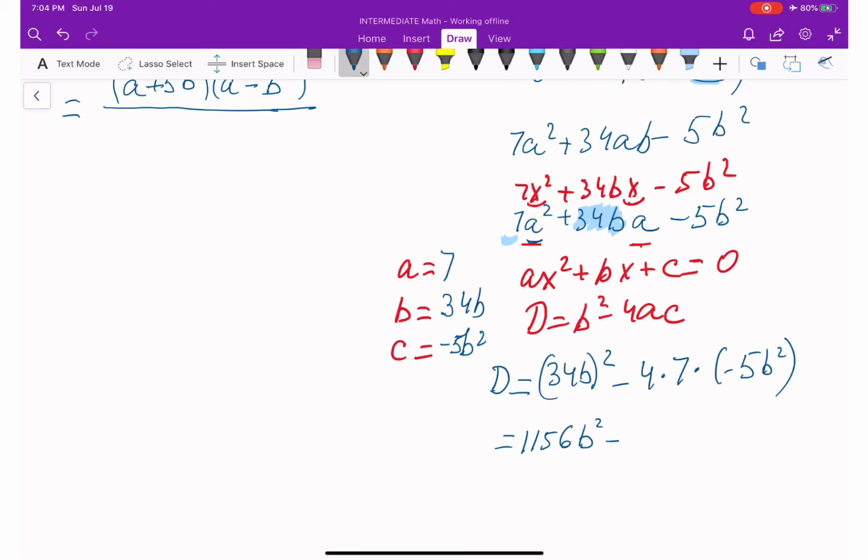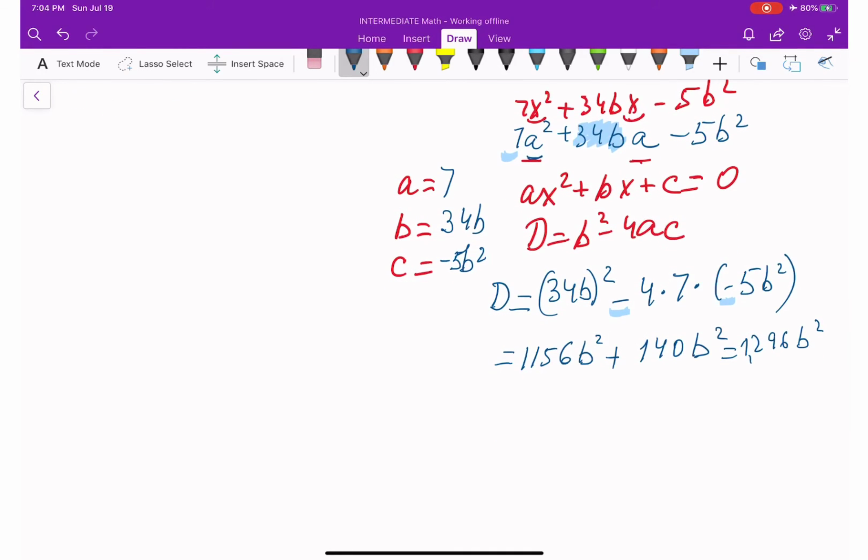But because we have a negative sign here and a negative sign here, we will end up adding. So it's going to be 140 b squared. So how much will it be? 140 plus 1,156, it's going to be 1,296 b squared.